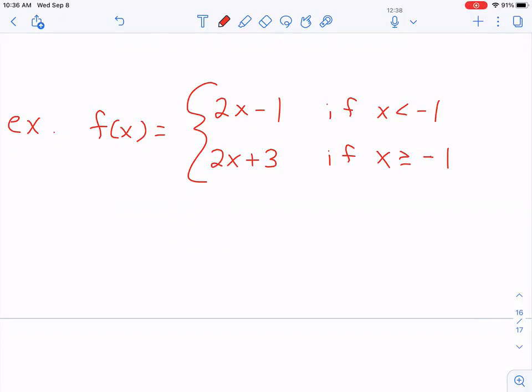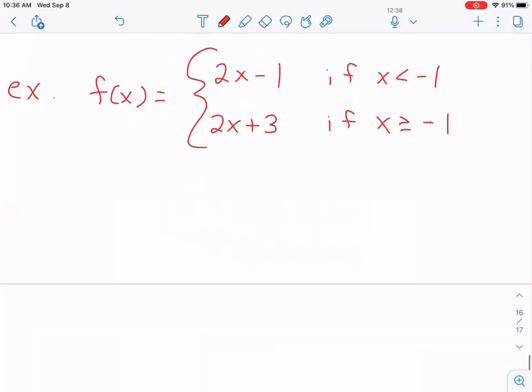All right, so this is an unusual looking problem, not like anything we've done before. It doesn't look like it. But here would be the question. It would say find f of negative 3.